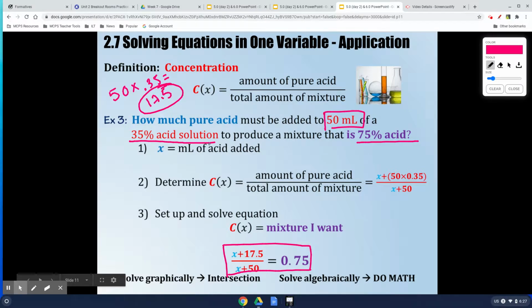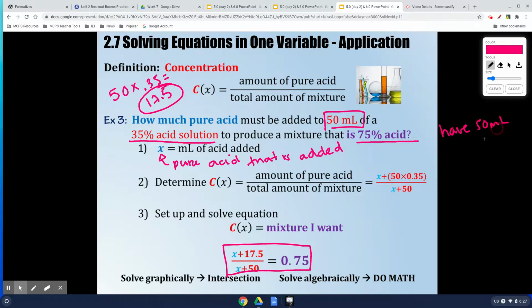So just to reiterate, X represents the pure acid that is added. We already had 17.5 milliliters of pure acid, and that came from 50 milliliters, and 35% of that is pure acid.